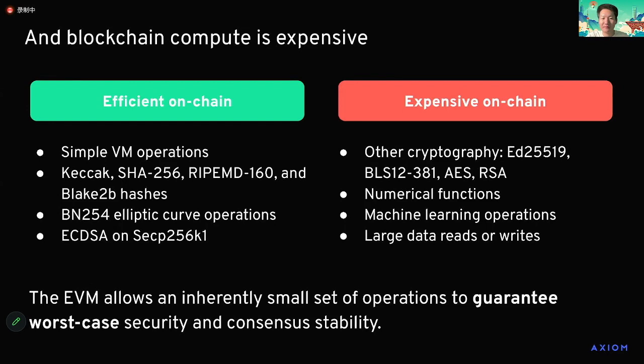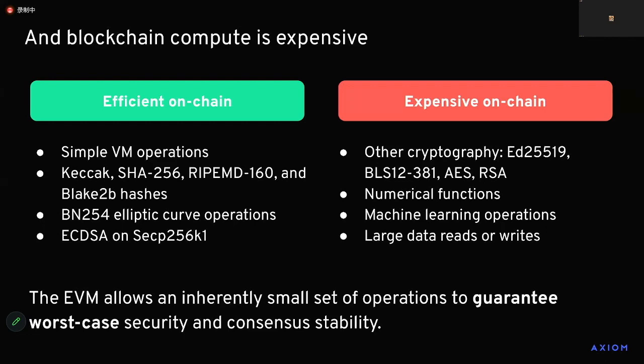For example, types of cryptography or signature schemes that aren't supported cheaply on Ethereum, maybe some numerical computations, or even machine learning. And so for these application-specific computations, the EVM is a pretty expensive place to run your application today.